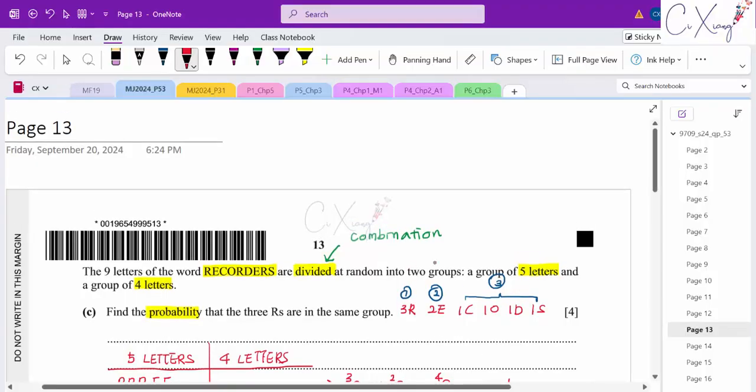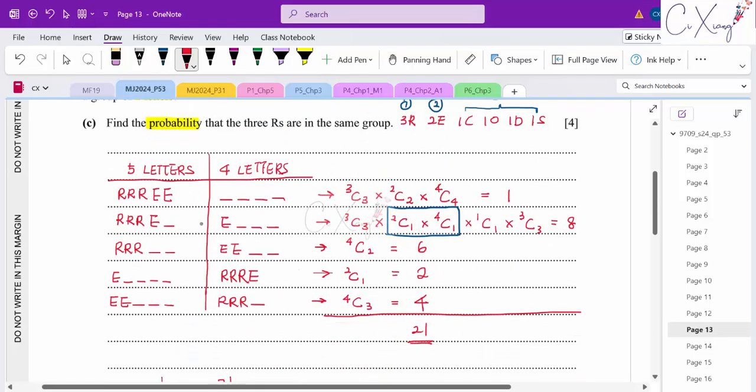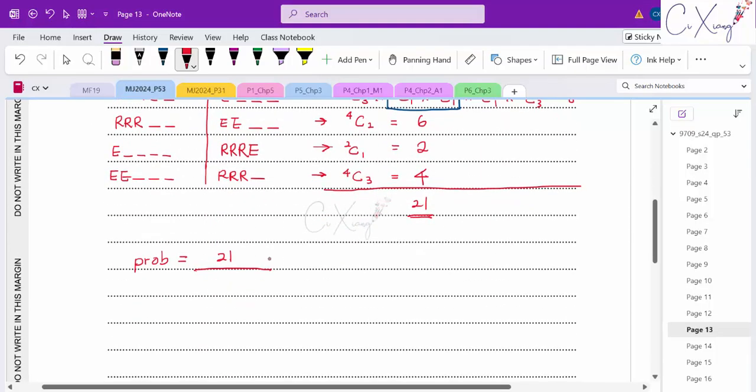You have 9 letters in total, and they want you to choose 5 letters to put in the 5 letters group, then 4C4. So originally there are 9 letters. You want to choose 5 letters and put them in the 5 letters group. Then the remaining 4 letters, you choose them to put in the 4 letters group.